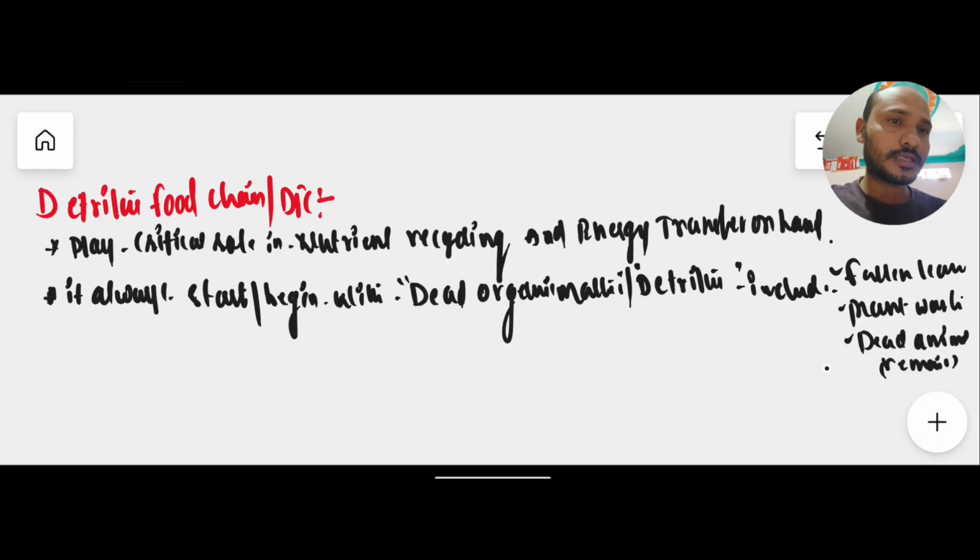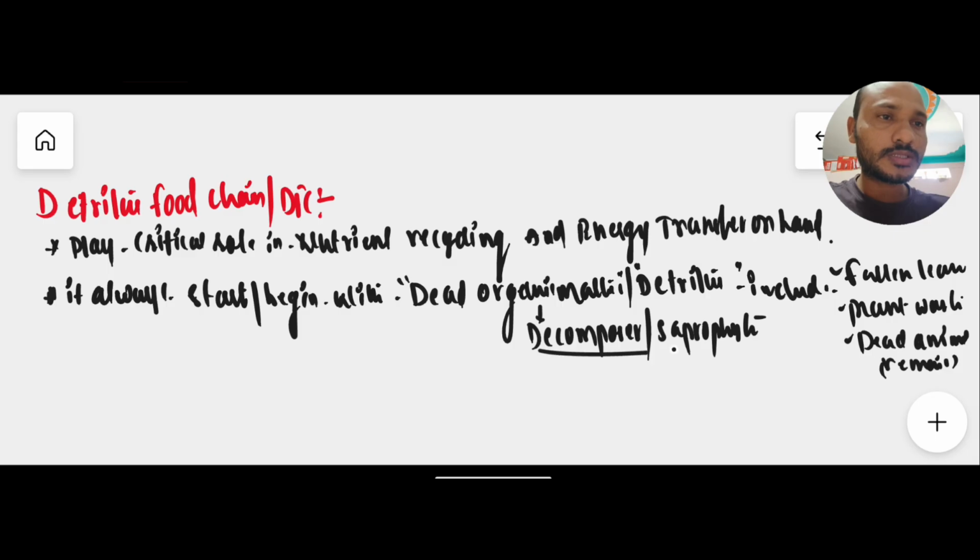And this detritus is the starting point of the detritus food chain. It occupies the first step in the trophic level, and this dead organic matter is decomposed by some heterotrophic organisms like fungi and bacteria. Hence, they are called saprotrophs or decomposers.